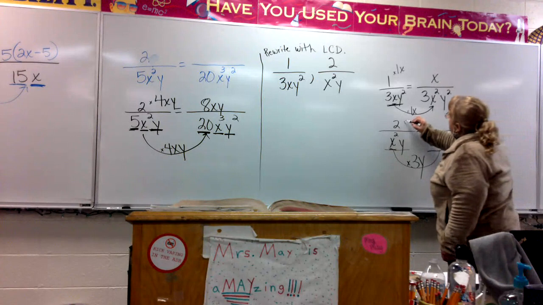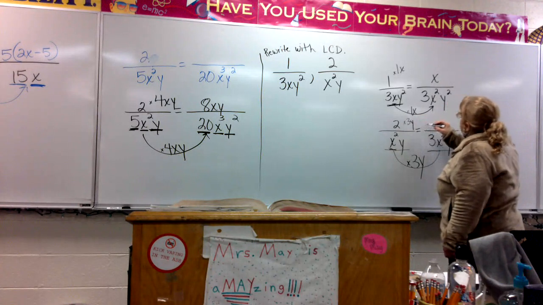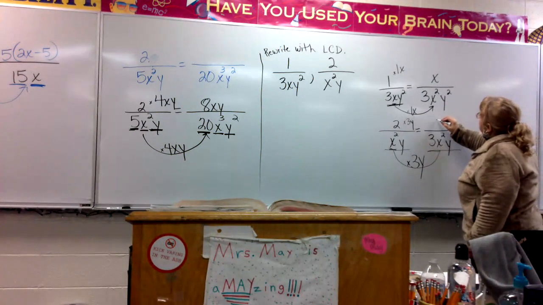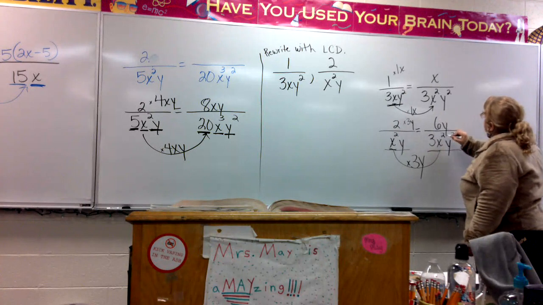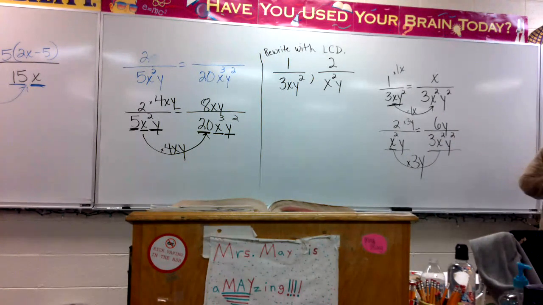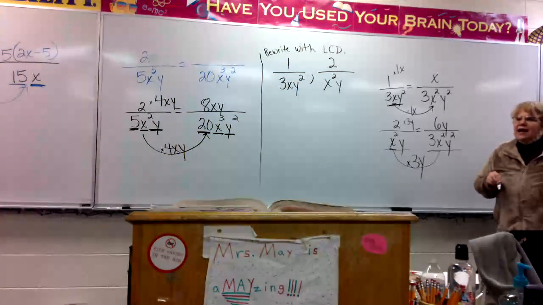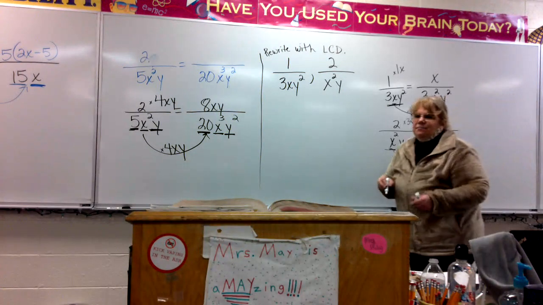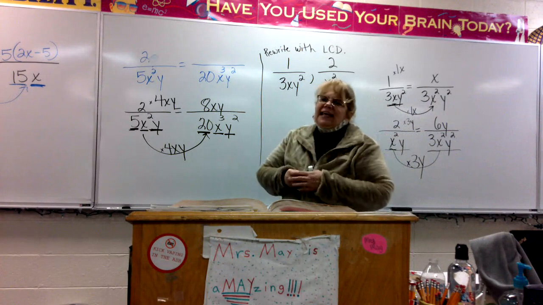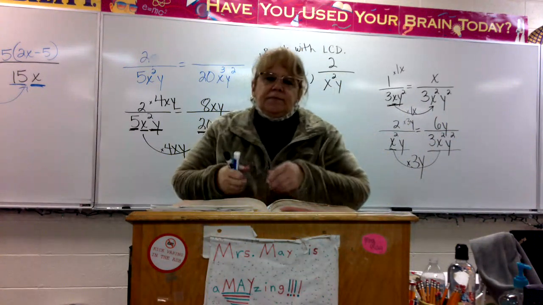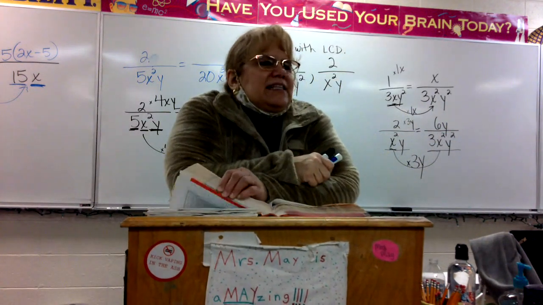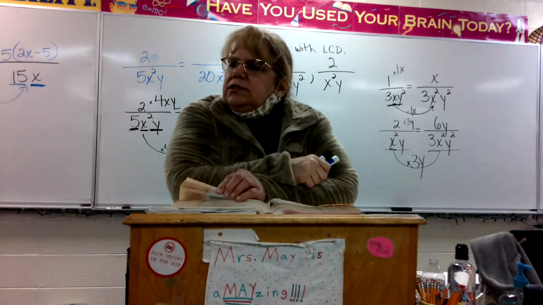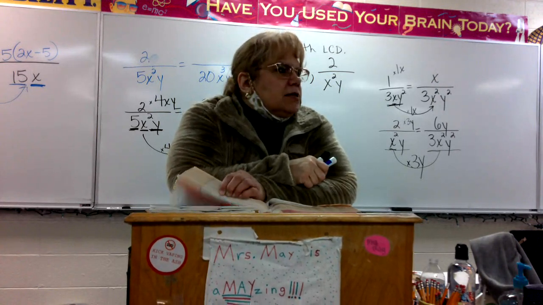Times 3y. So on top, times 3y. What will that give me? Right, good, 6y. And that is as far as you have to go today. We're not actually going to keep adding them yet. We're just going to get the denominators. Make sense?